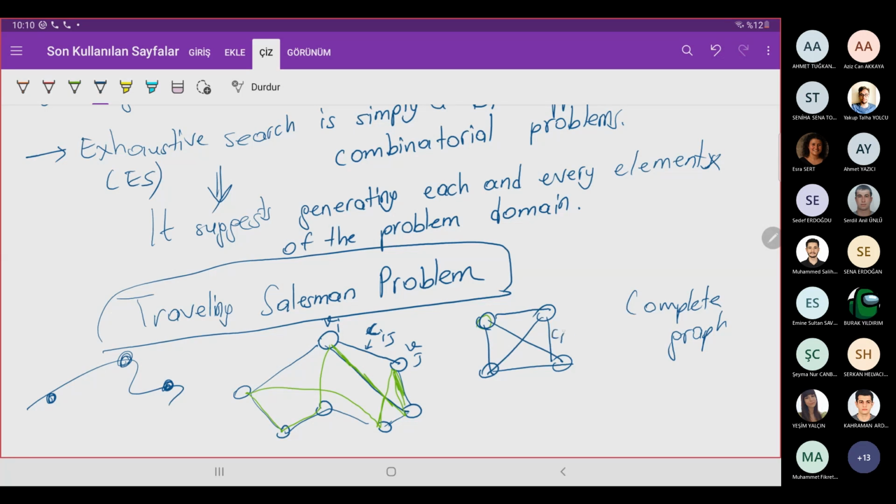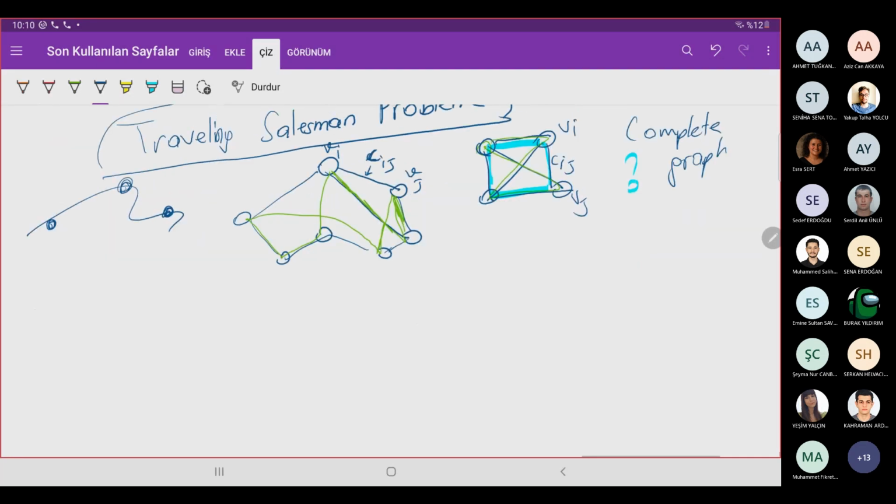And there's a cost associated with them, c_ij between v_i and v_j. So how do you find the cycle? Maybe you could go like this, the green one, or you could go like this, for example. So which of these 2 options would you select? Find the minimum cost cycle, okay?